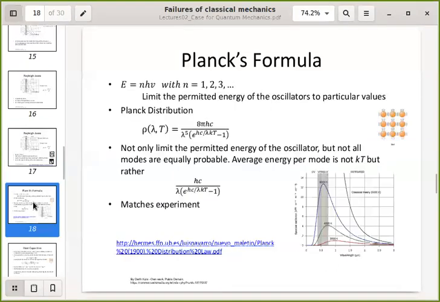Now, first of all, Planck says no. You don't have equal numbers. If you've got 10 low frequency, you don't have 10 high frequency. You've got a distribution of frequencies from low to high. That's the first thing he said. The second thing he said is that not all energies are possible.